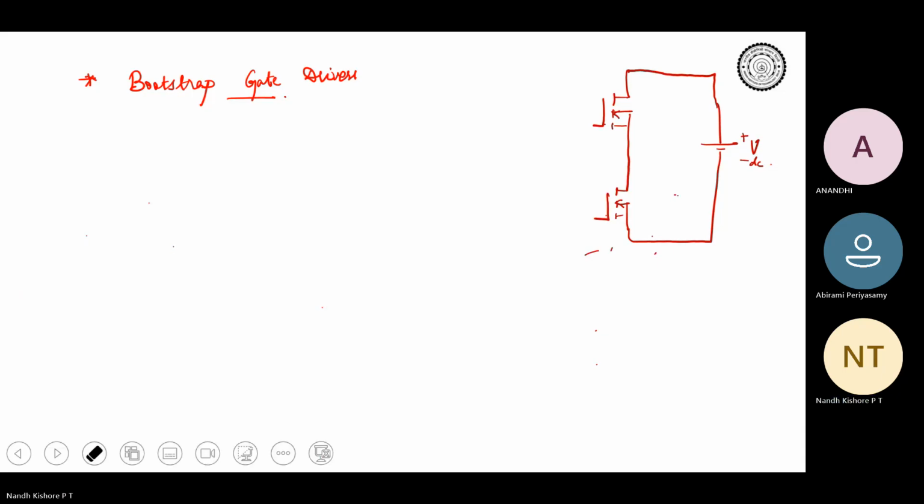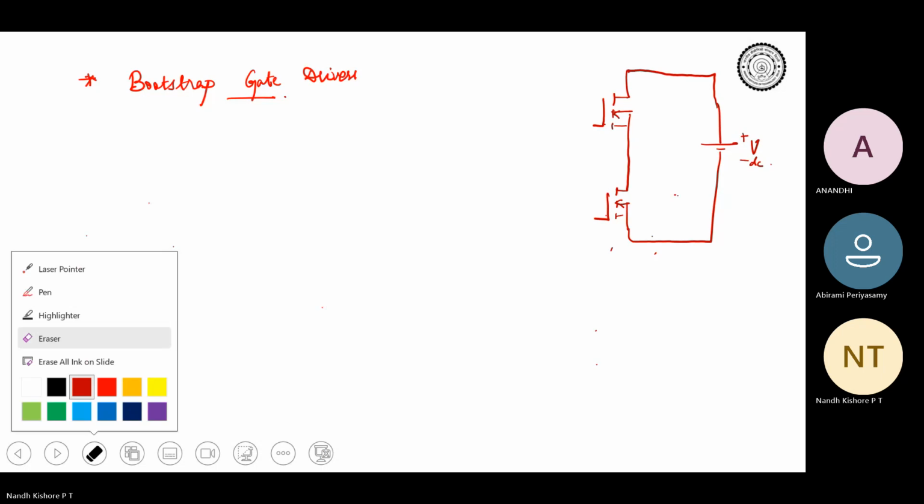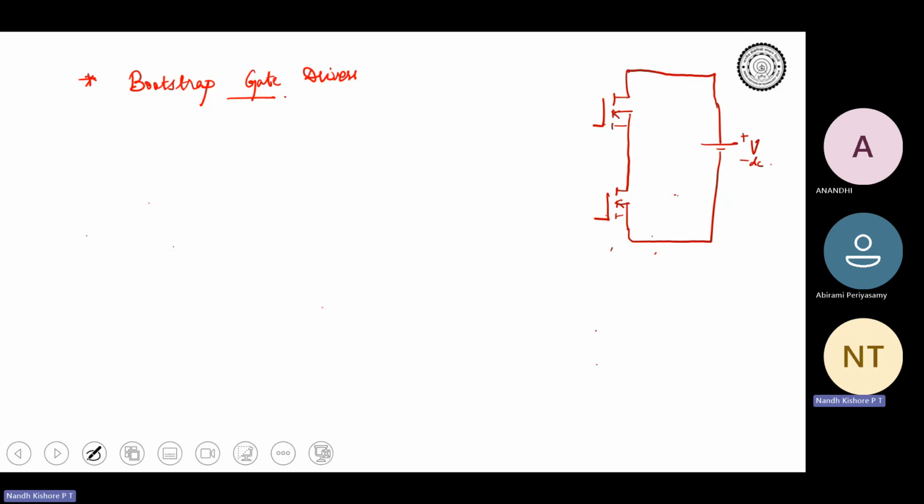Let us also mark the ground over here. This is the power ground, the reference. I will denote power ground like this. And let's say this is a buck or boost converter, so you will know that this is the switching node. Let me call this SW, the switching node.